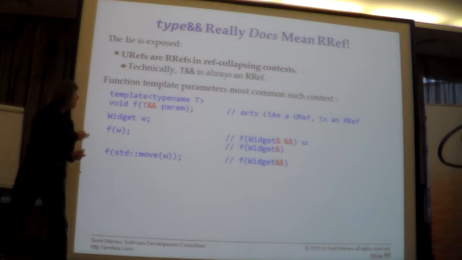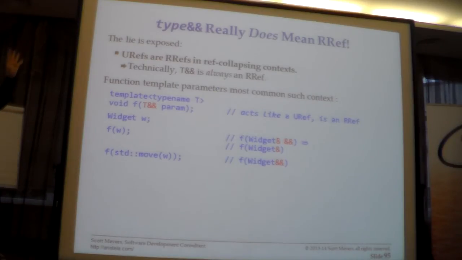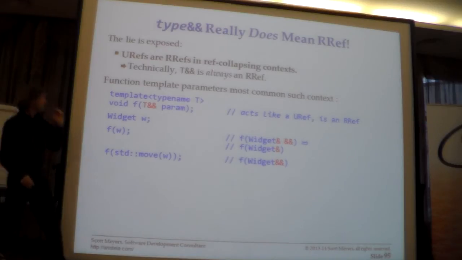I've already mentioned that function template parameters are the most common context where reference collapsing occurs. There are 4 reference collapsing contexts. Most common by far, templates. Universal reference. Actually, now we know it's an R value reference.